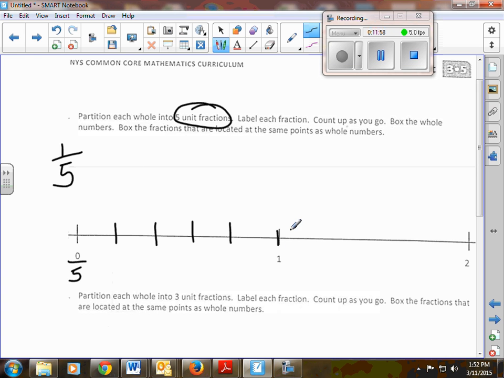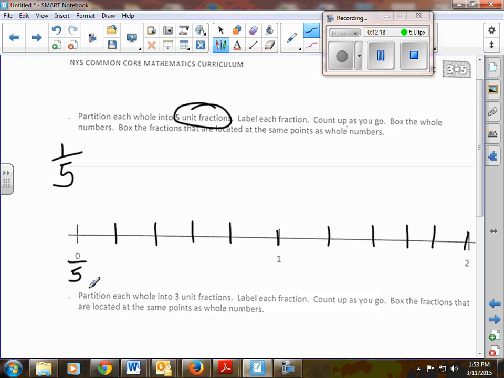Between 1 and 2, we need 5 spaces. Actually, remember what I told you? You count the last one as your 5th space. So you only need 4 in between. So let's do it. 1, 2, 3, 4, and the last space is 5.